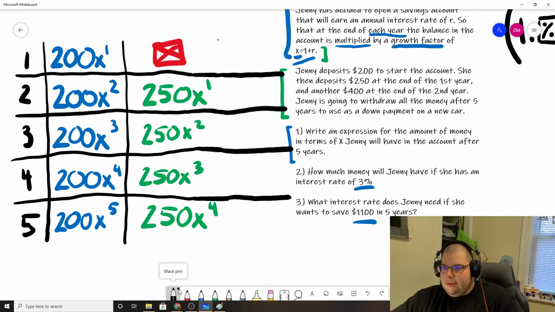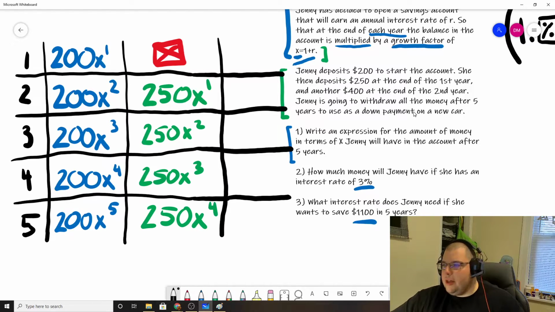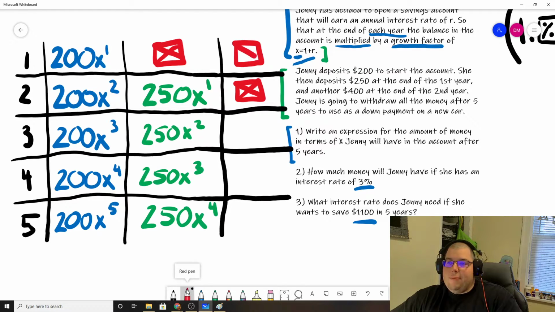So now, the last amount of money that I need to deal with says, and another $400 at the end of the second year. So, it's at the end of the second year, which means it's not in the bank account for the full second year, and it can't be there for the first year anymore, because it was deposited at the end of the second year.